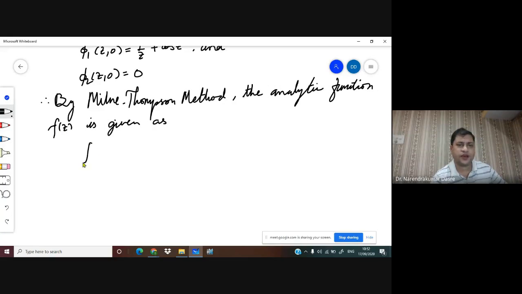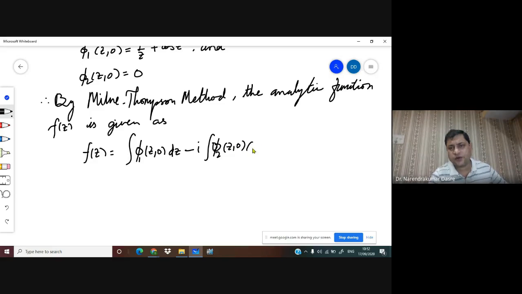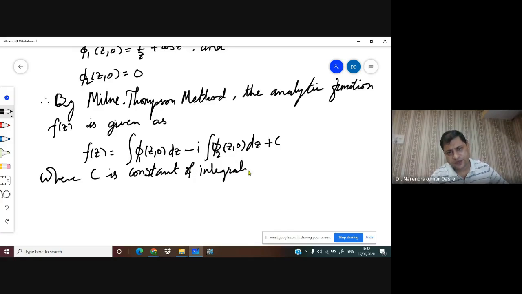Hence we have f of z is equal to integration phi 1 of z0 dz minus i integration phi 2 of z0 dz plus c, where c is the constant of integration.